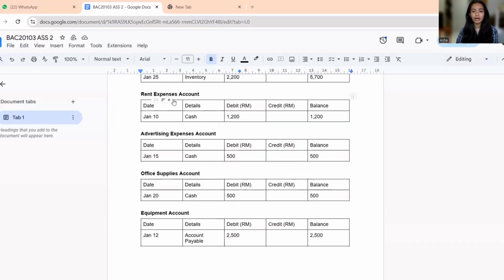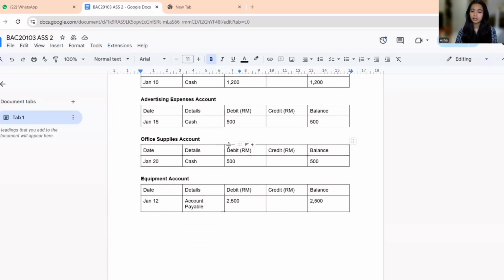And then we go to rent expenses account. On the 10th January, cash, 1,200 on the debit side, and the balance is 1,200. Advertising expenses account. On the 15th January, cash, 500 on the debit side, and the balance is 500.